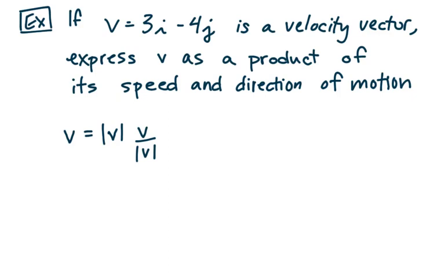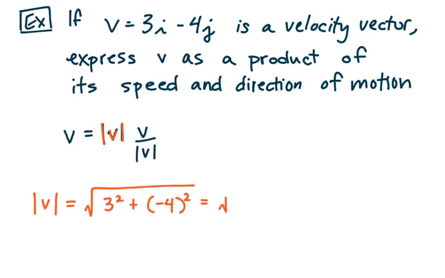So in order for us to solve this, we need to first determine the magnitude and then the unit vector. Well, the magnitude of v is the square root of the sum of the squares of the components. So I've got 3 squared plus negative 4 squared, which is the square root of 9 plus 16, square root of 25, which equals 5.